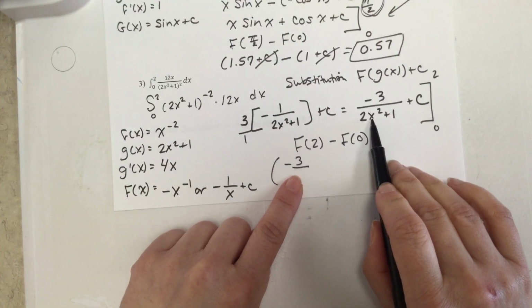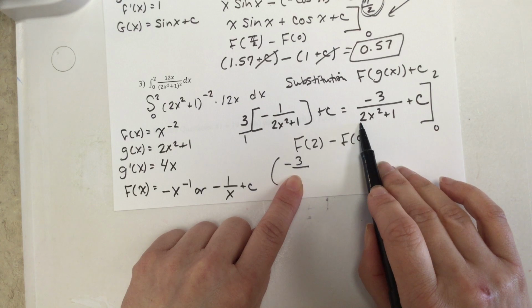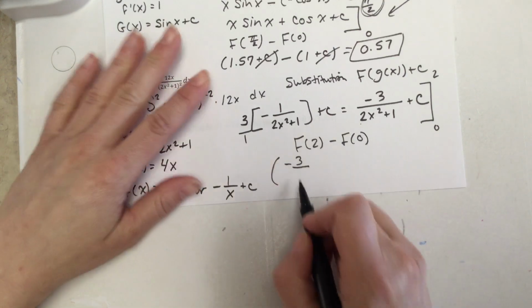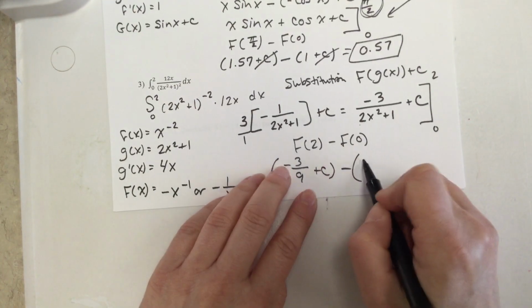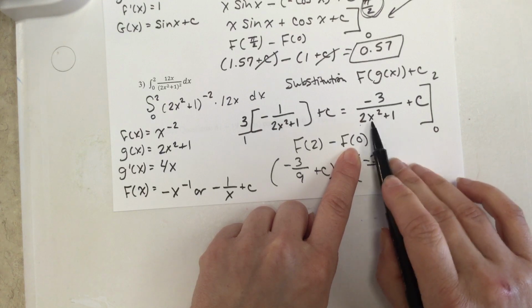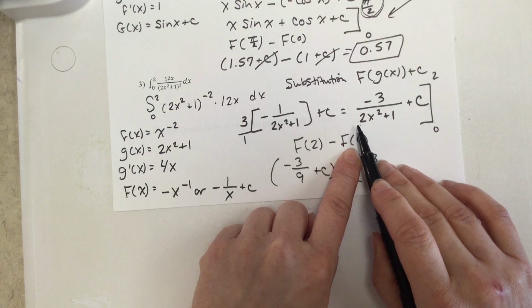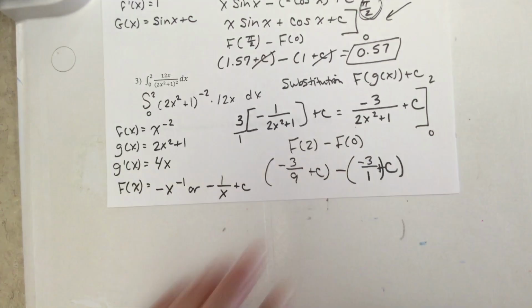If I put in a 2, on the bottom, just order of operations: 2 squared is 4. 4 times 2 is 8. 8 plus 1 is 9. Minus, if I put in a 0, I know I have that negative 3 on the top. 0 squared is 0. 0 times 2 is 0. 0 plus 1 is 1. I forgot the c. There we go.